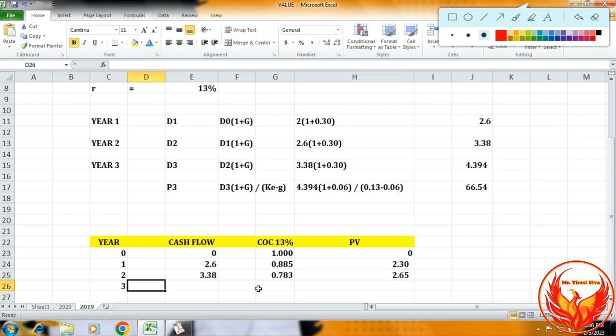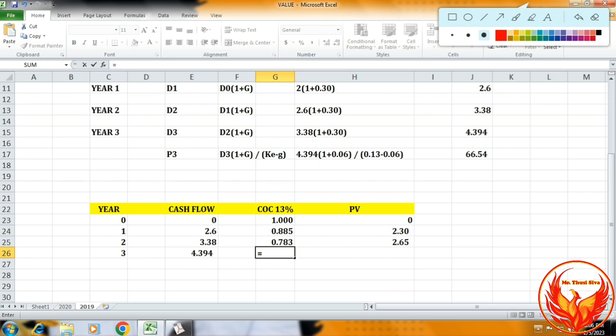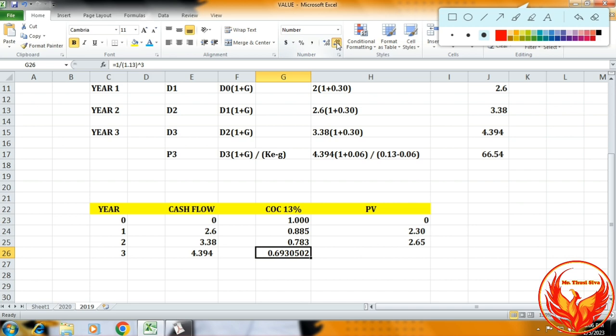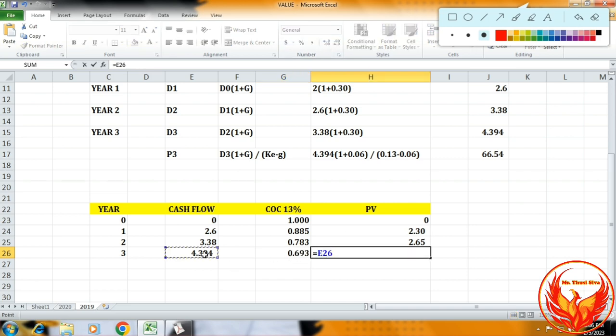In the third year, the cash flow is 4.394 rupees. Cost of capital at 13%, 1 divided by 1 plus R, 1.13 upon 3, to 3 decimals, gives a present value of 3.05 rupees in the third year.